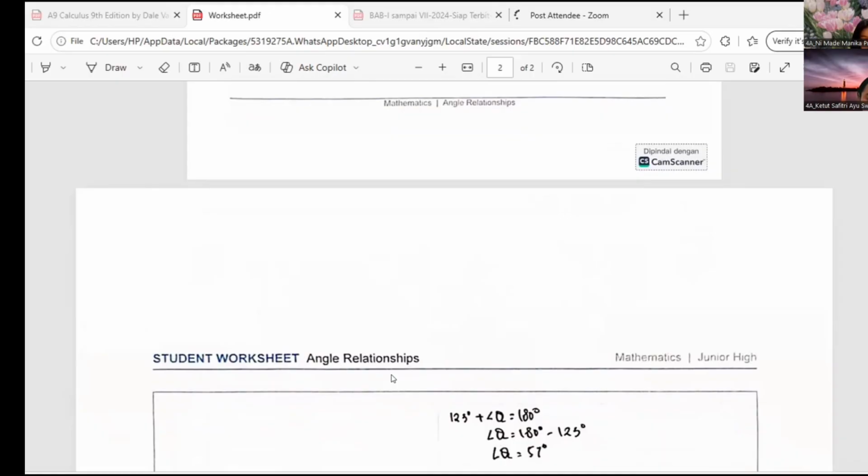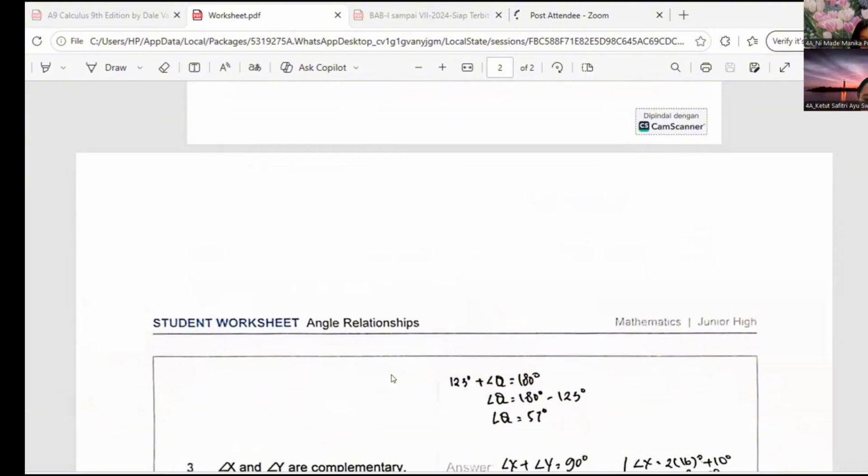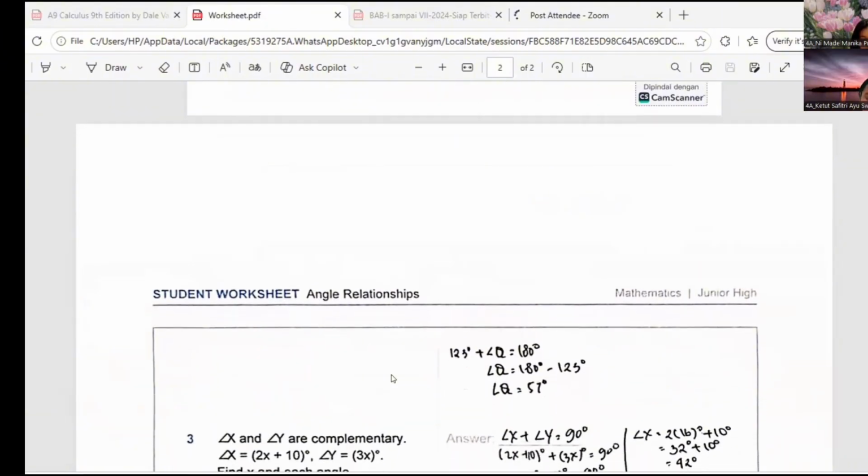To calculate angle Q, we subtract 123 degrees from 180 degrees. Therefore, the measure of angle Q is 57 degrees.